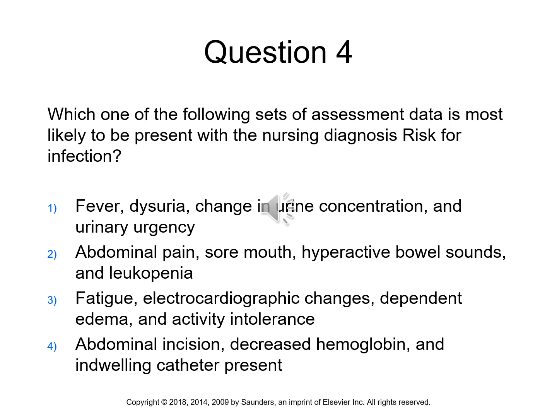A risk for nursing diagnosis describes human responses that may develop in a vulnerable patient. Options 1 and 2 contain data that indicate an actual infection, and option 3 has no data to indicate an increased risk for infection. Option 4, with an incision, a catheter, and a decreased hemoglobin present, can put a person at risk for infection.